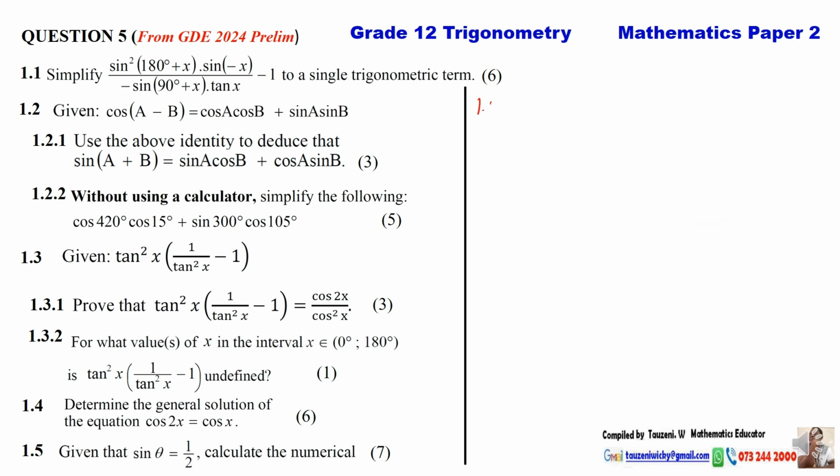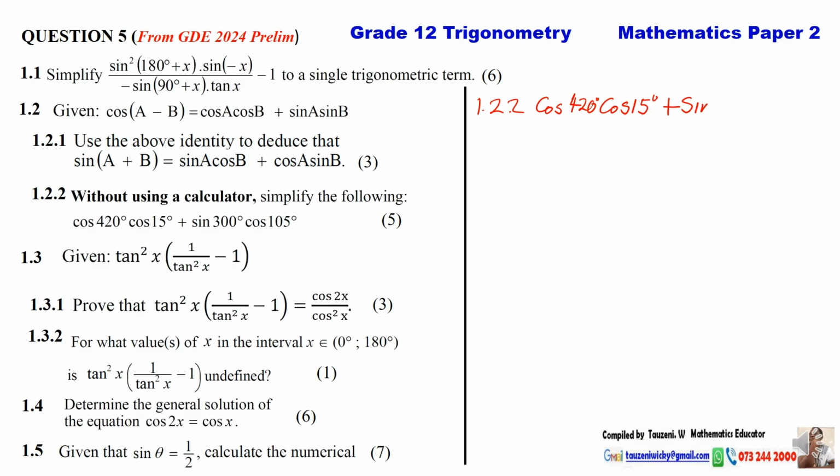Right, question number 1.2.2. Now, most times, not all the times, but most of the time, if you are requested to prove a formula, the next question will ask you something on application of the same formula that we're proving in the previous calculations.